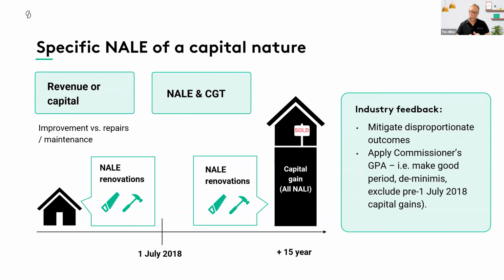And one thing that we know is that exempt current pension income does not override non-arm's length income, or as it used to be called, special income.